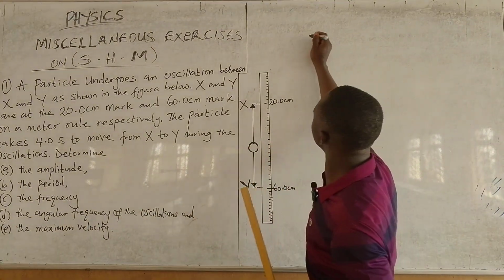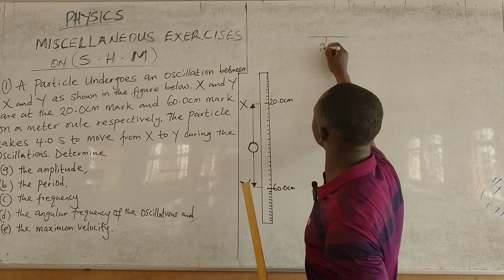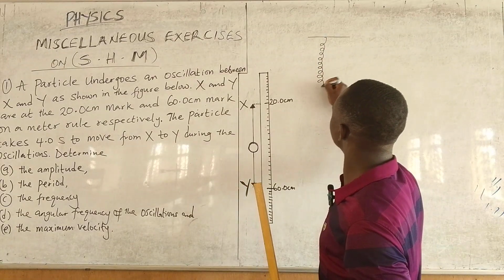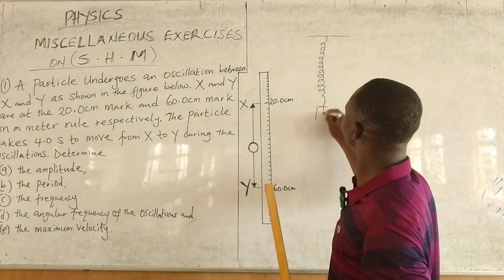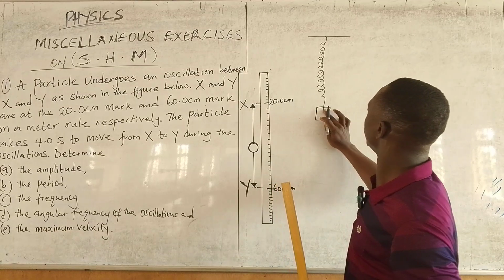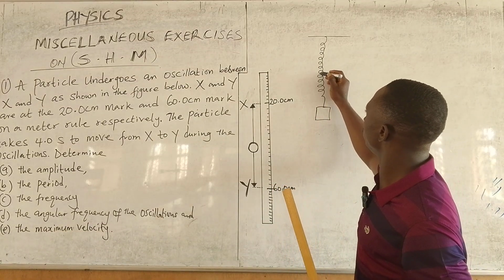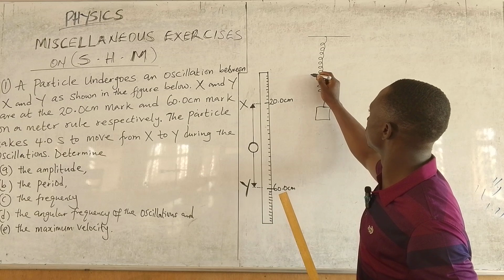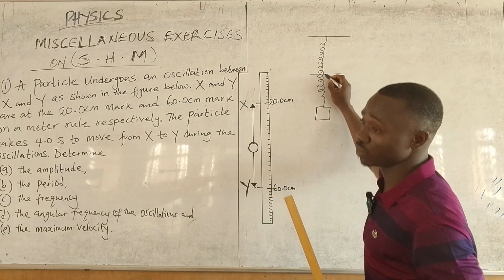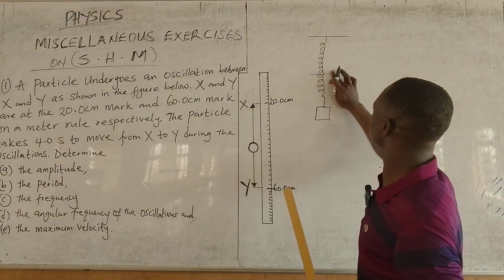If I also use a spiral spring, which is being displaced, if there's a mass on this spiral spring, let me assume it's being displaced from here. This is where it was before, and it's being displaced.